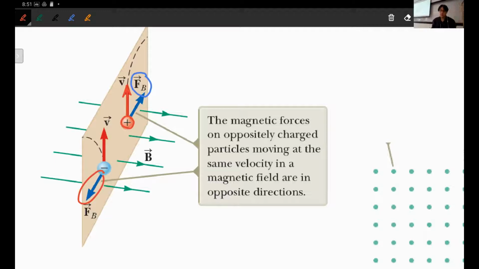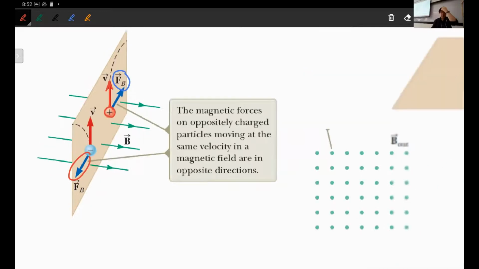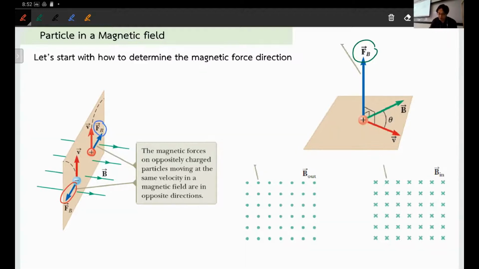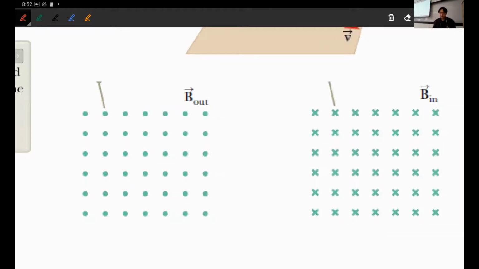That will be your choice, but it's still the right-hand rule. Now, because we have to deal with three vectors that are always perpendicular to each other, there is another notation that you might have to deal with. You can use these two symbols.